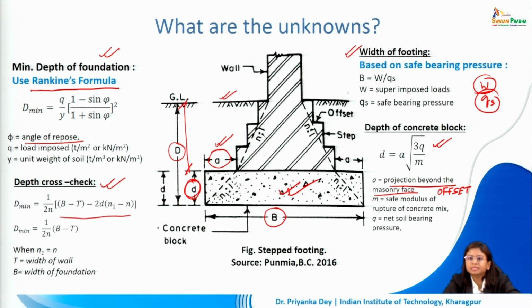This will help us determine whether the foundation depth that we had designed using the Rankine's formula is correct or not, safe or not for our foundation. So these formulas are going to help us walk our way through designing a footing. We will take a look at a numerical to understand how to apply each of these formulas, but before we do that, let's understand a little bit more in depth what is happening in each of these calculations.